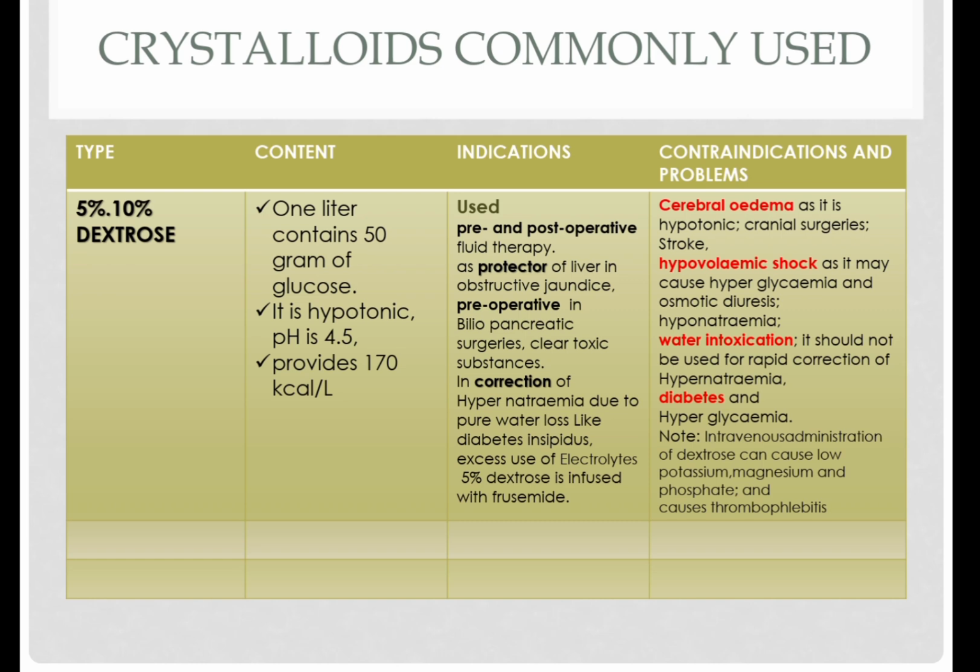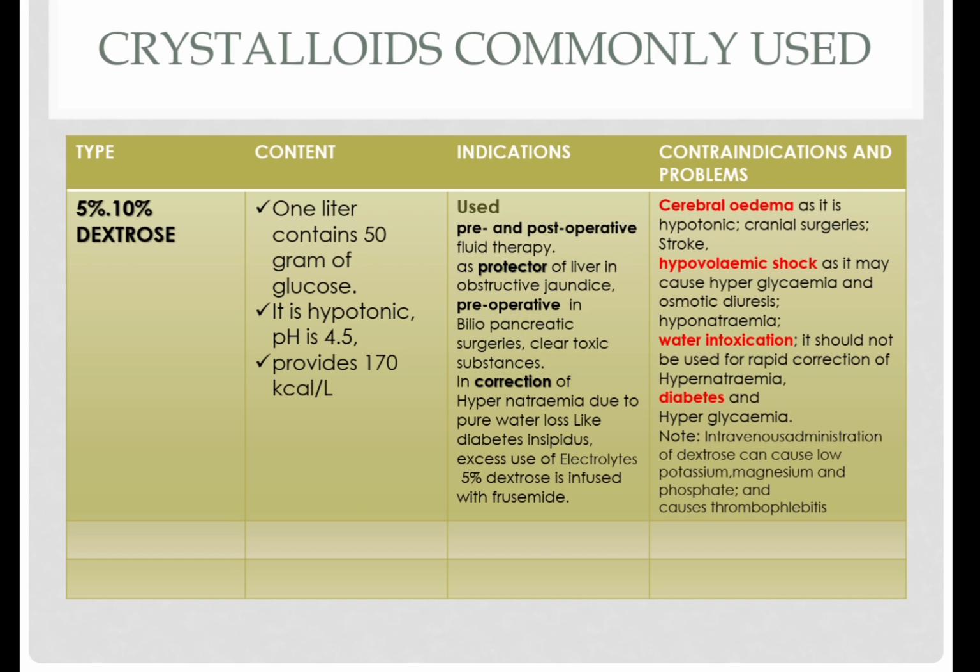It contains 50 grams of glucose per liter. It is hypotonic, has a pH of 4.5 and provides 170 kilocalories per liter.